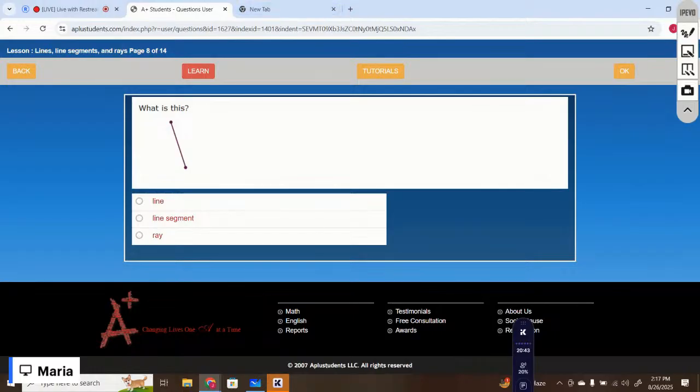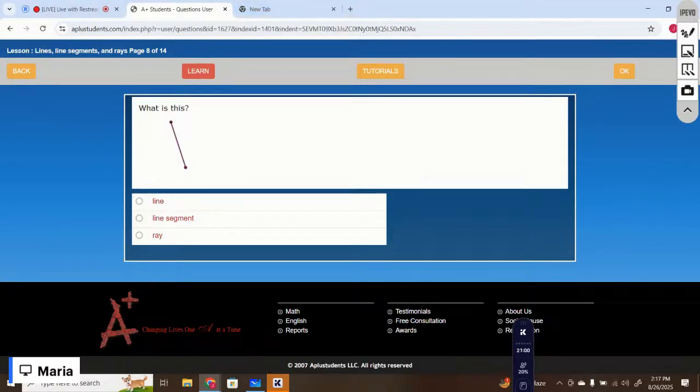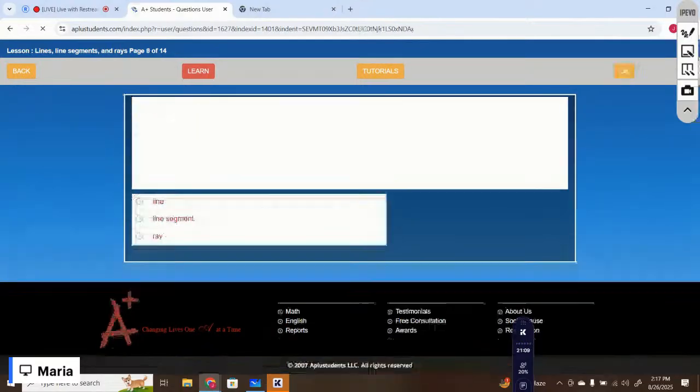What is this? This is the line segment. Option number two is the correct option. Very good. What is this?